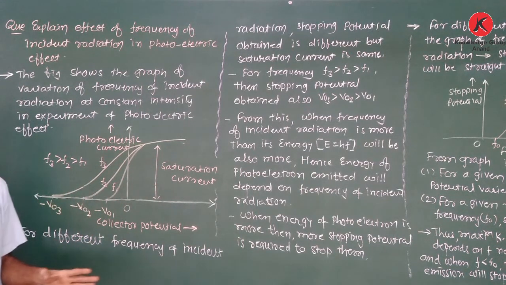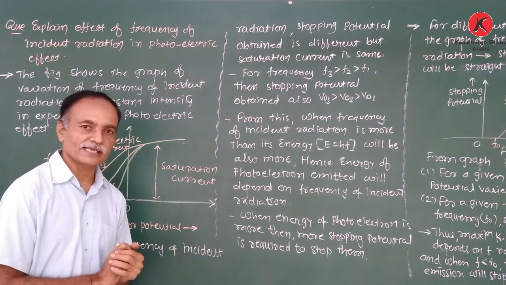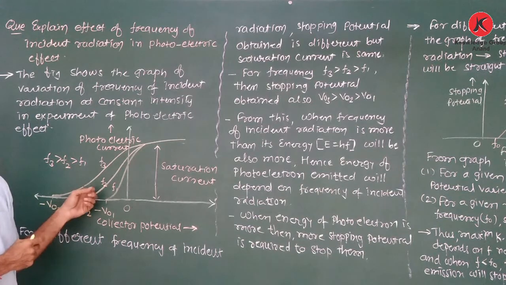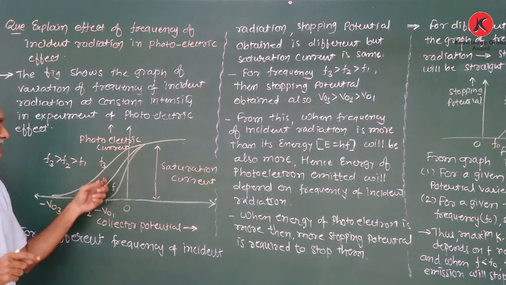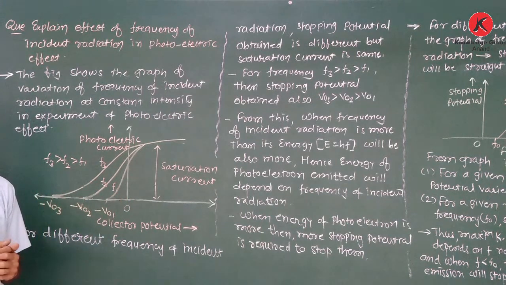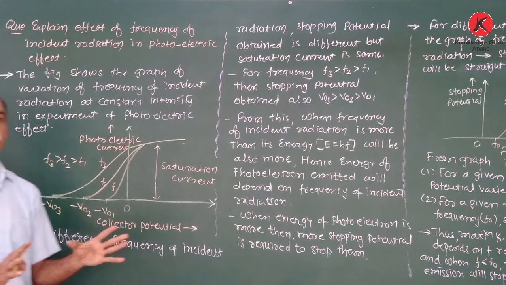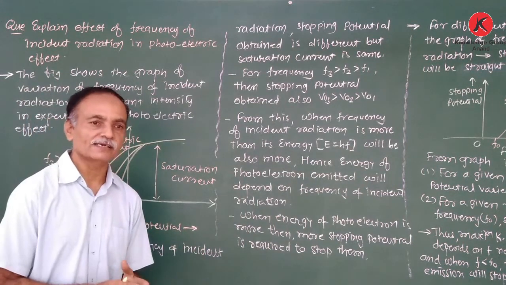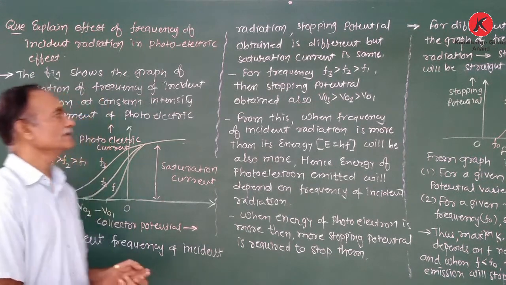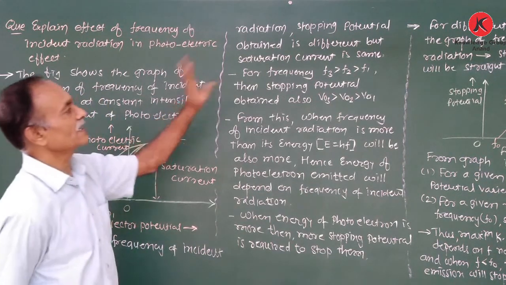That means the number of photoelectrons emitted by the emitter is not affected by the frequency change. Or in short, as we change the frequency of the incident light at constant intensity, the number of photoelectrons emitted by the emitter is not affected. That means they remain constant. That means the saturation current is the same.